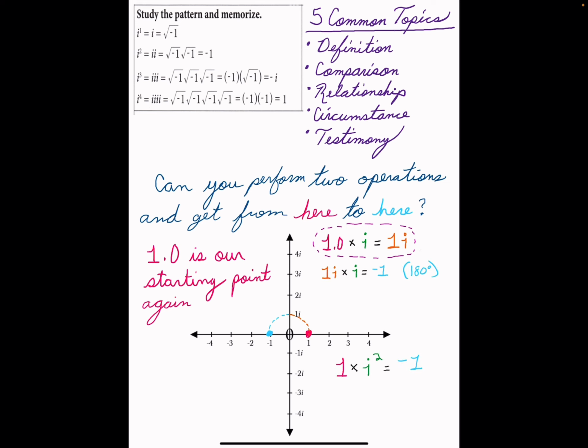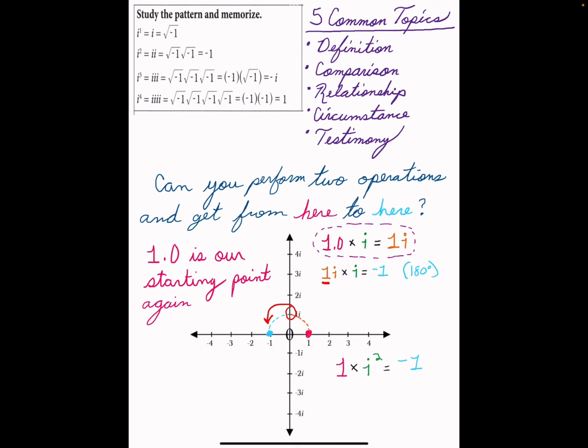If we rotate again, which is multiplying that 1I that we had here, we're going to start with it this time. Instead of starting with 1, we're going to start with our 1I. We multiply by I again. We've rotated an additional 90 degrees, totaling a 180-degree rotation, and we end up at -1 right here. So we've gone from 1, we went to 1I, and now we're at -1.